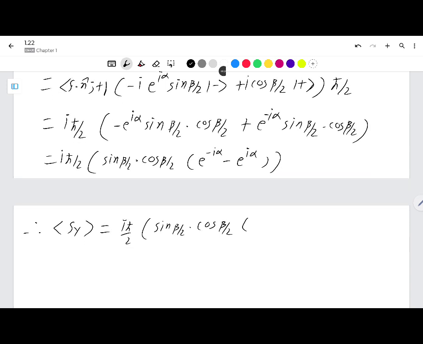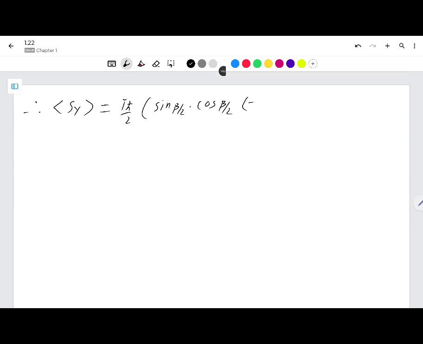So it will be minus 2i sin alpha, 2 sin beta sin alpha.